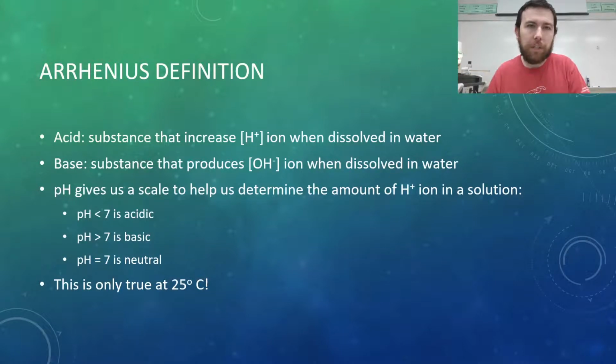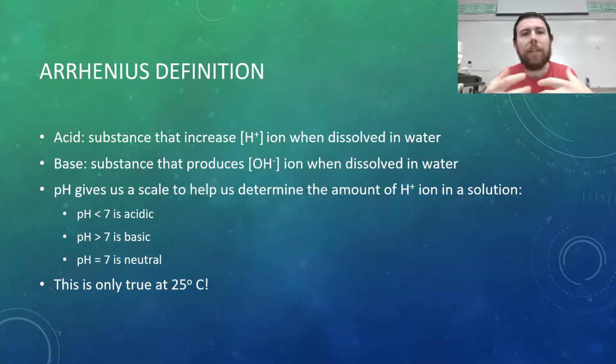Now, for most of us, you're probably coming into AP Chemistry maybe remembering the Arrhenius definition from honors chemistry. And if you don't, that's okay, because I'm going to give it to you right here. So the Arrhenius definition communicates to us that an acid is a substance that, when you place it in water, produces hydrogen ions. Okay, so an acid in the Arrhenius definition is a substance that, when it's dissolved in water, increases the concentration of the H+ ion that's present.